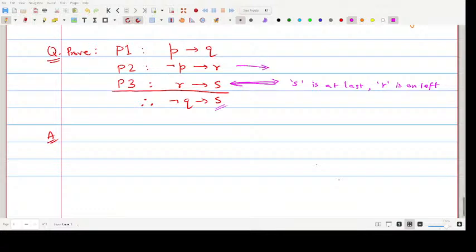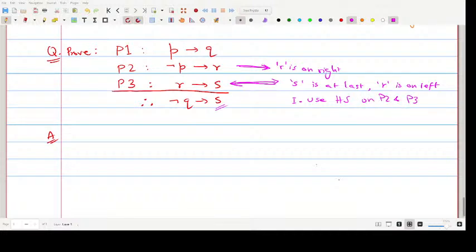In the previous premise P2, R is on the right. So the first step would be to use the hypothetical syllogism on P2 and P3.